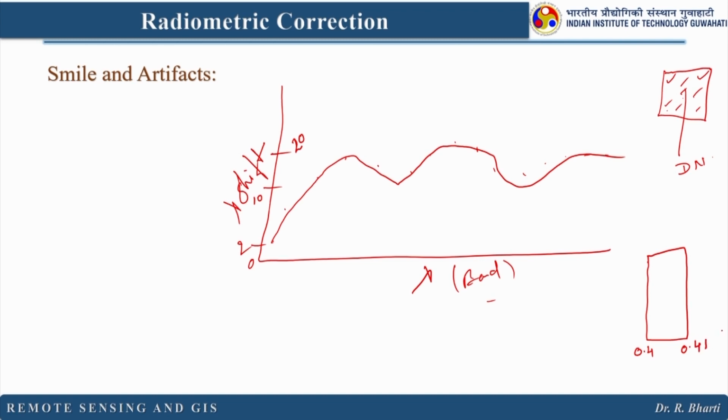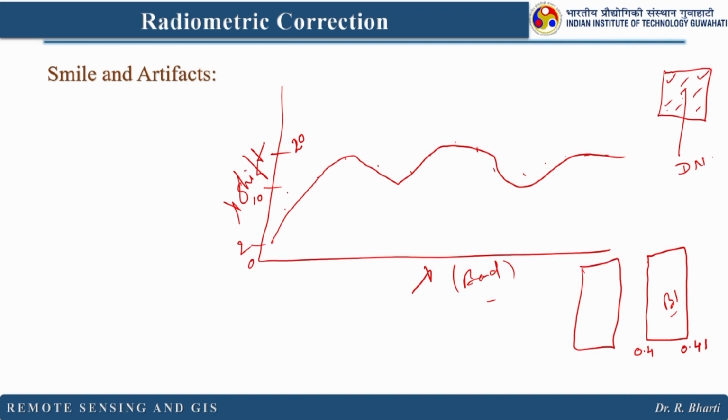So there is a gap of 0.01 micrometer. Let us assume because of this error the recorded DN number which was supposed to be in this band 1 got recorded in some other band. Why?